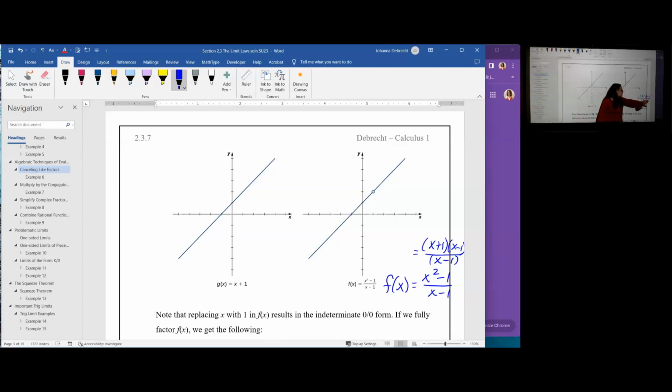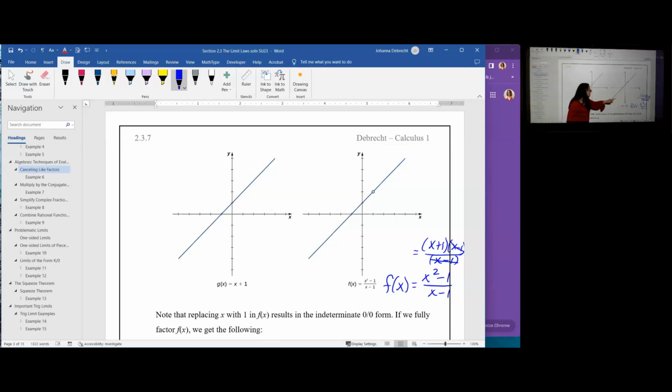If you have a factor that cancels, like this one, then what you find is that you have a hole in the graph at x equal 1. Not only that, but the y value there will be the y value of the reduced function. Plugging in 1, I'd get 2, and that is what it looks like it's going to hit.